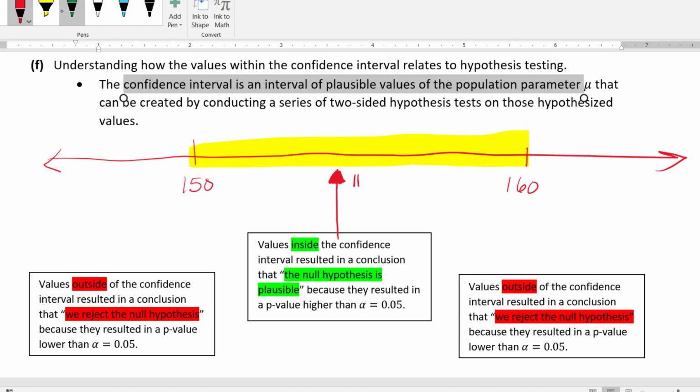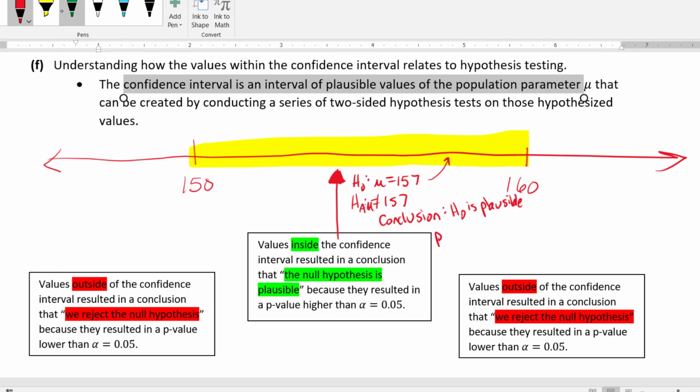So for example, if the null hypothesis were that mu is equal to 157, and the alternative is that mu is not equal to 157, since 157 is in the confidence interval, you would conclude that the null is plausible because the confidence interval is an interval of plausible values for mu.